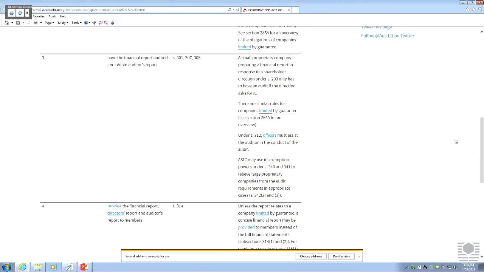How do we classify a large and small proprietary company? Which section? Section 45A. What is the requirement? You need to satisfy 2 out of the 3 requirements. What are they?